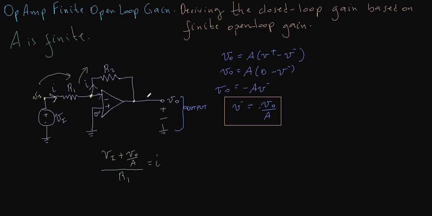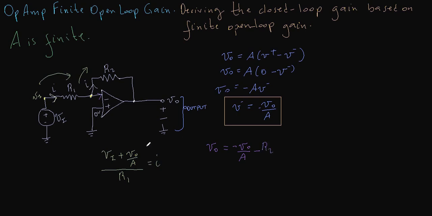So we can write that V naught at this point is equal to this voltage minus the current I times R2, which is the voltage drop across R2. So V naught is equal to V minus here, which is minus V naught over A, minus the current I times R2, so that's minus R2 times the current I.